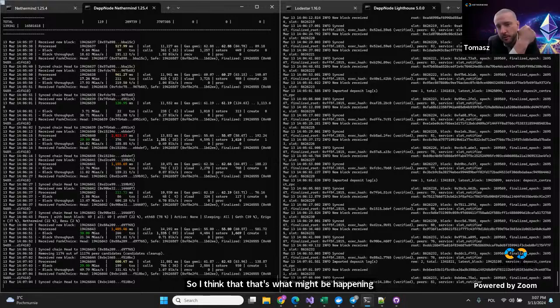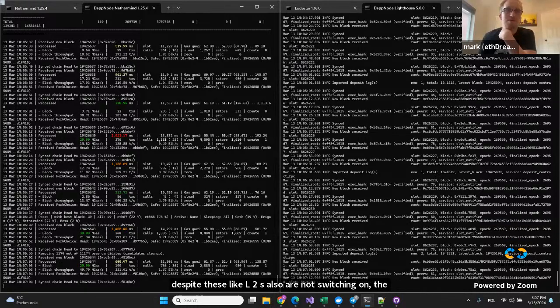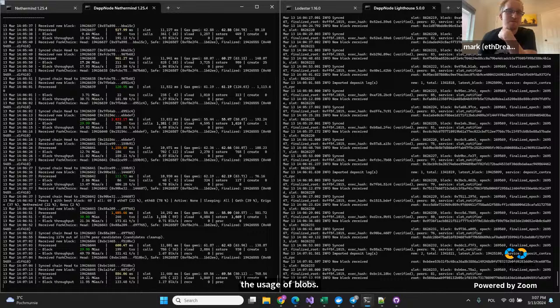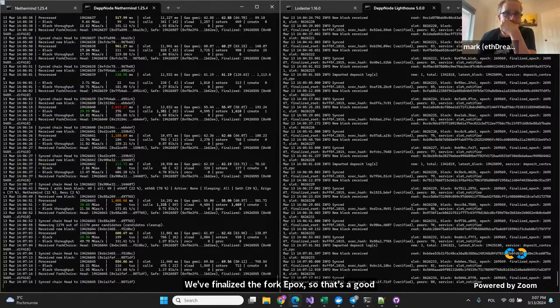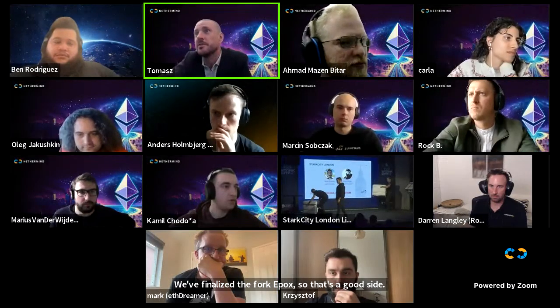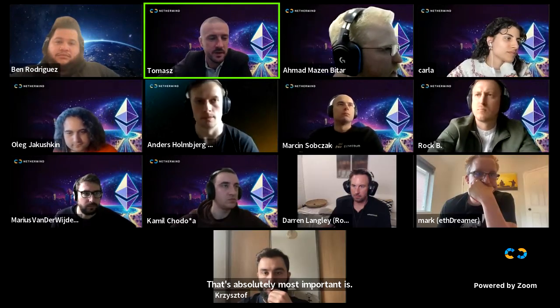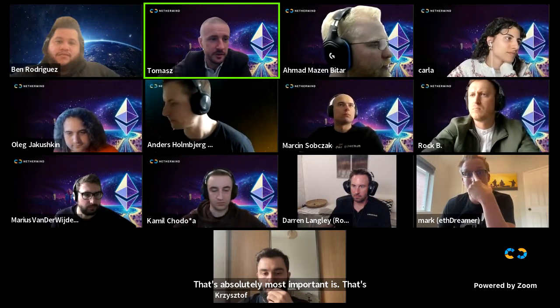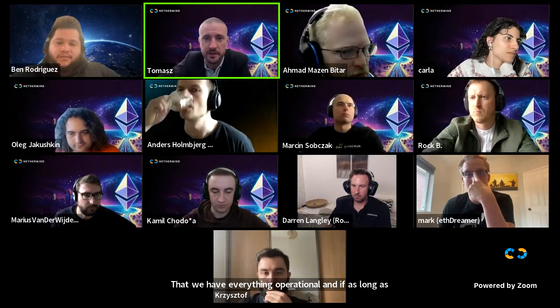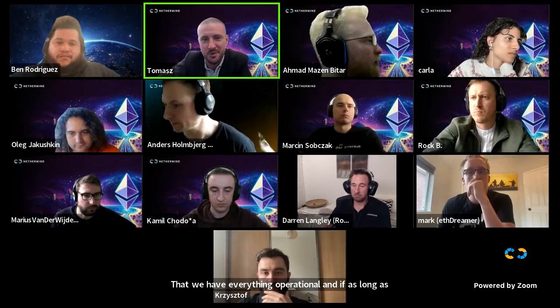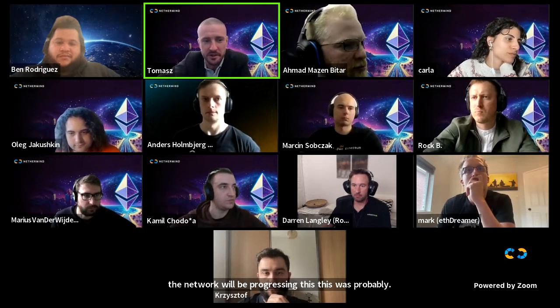And it might be that L2s also are not switching on their usage of blobs yet. We finalized the fork epoch, so that's a good sign. That is absolutely the most important thing: we have everything operational, and as long as the network is progressing, this was probably the most important thing to confirm, that we are safe.